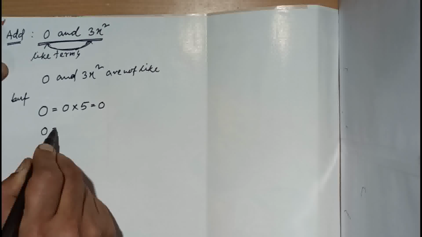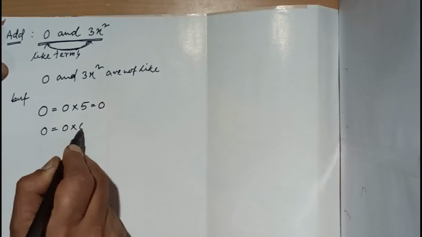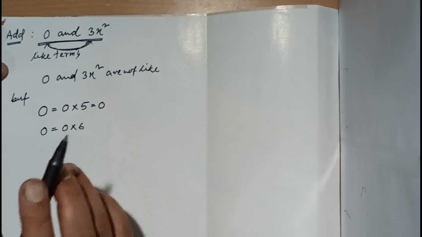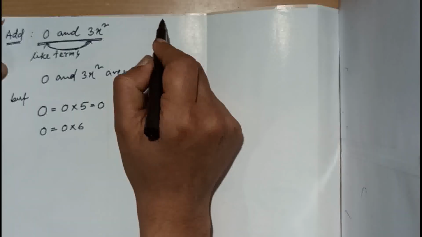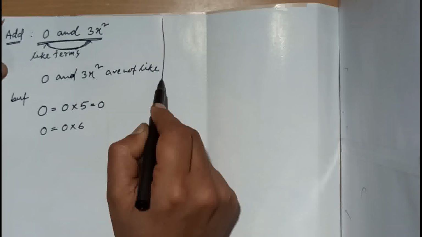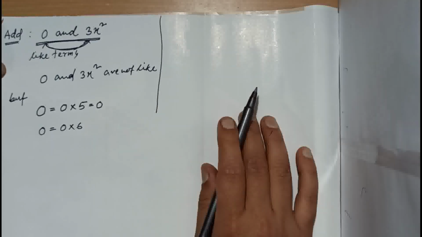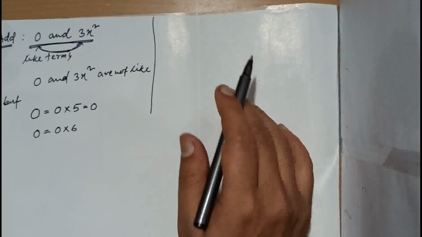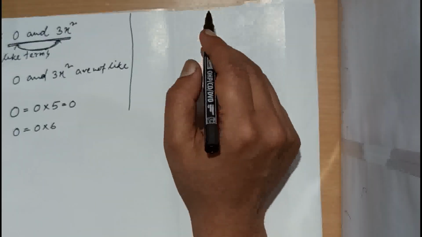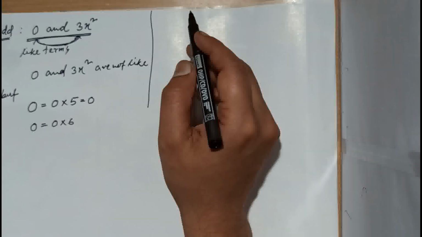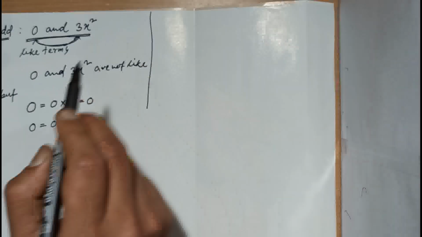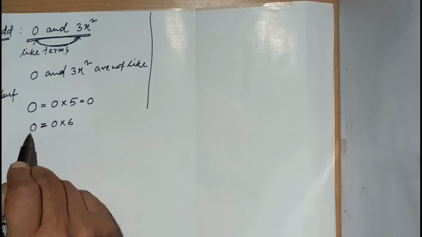So 0 can also be written as 0 into 6. That means with 0 we can multiply any number. With 0 we can multiply any number. So if we can multiply any number, there is no change in value, 0 remains 0.